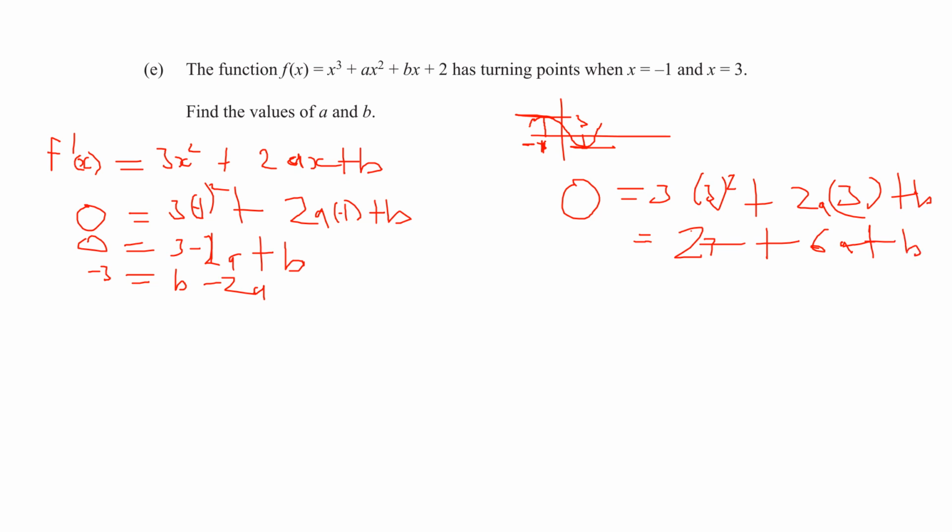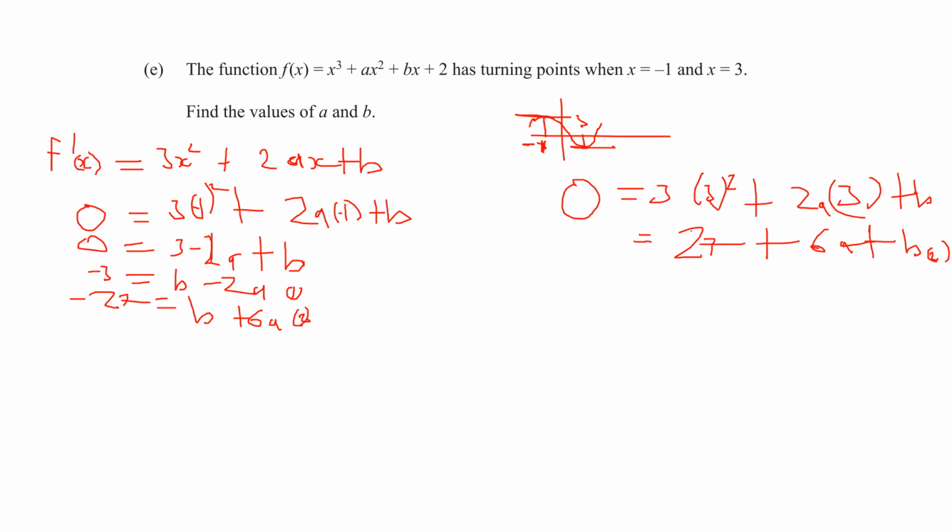So this is equation 1, this is equation 2. We can write equation 2 beneath equation 1 so that we can simplify our two simultaneous equations: minus 27 is equal to b plus 6a. This is our equation 2.